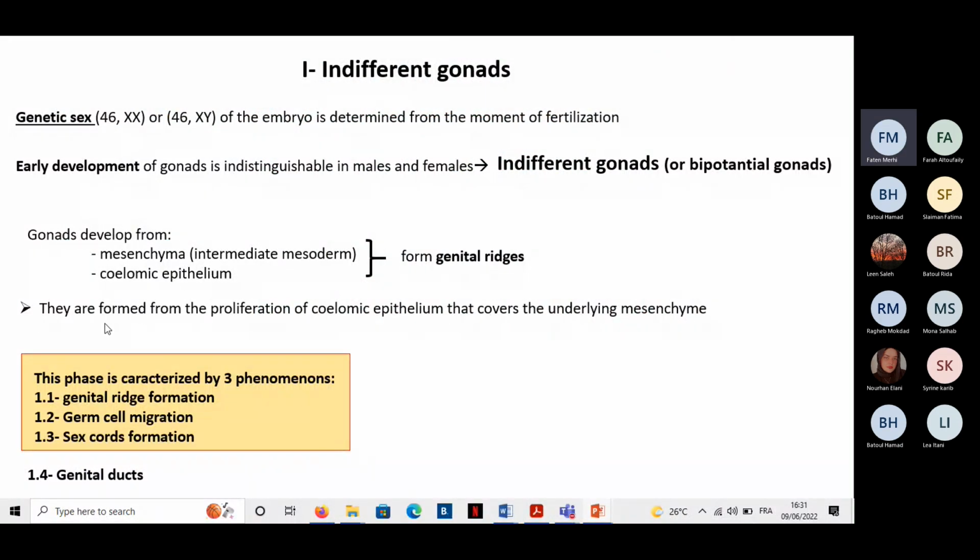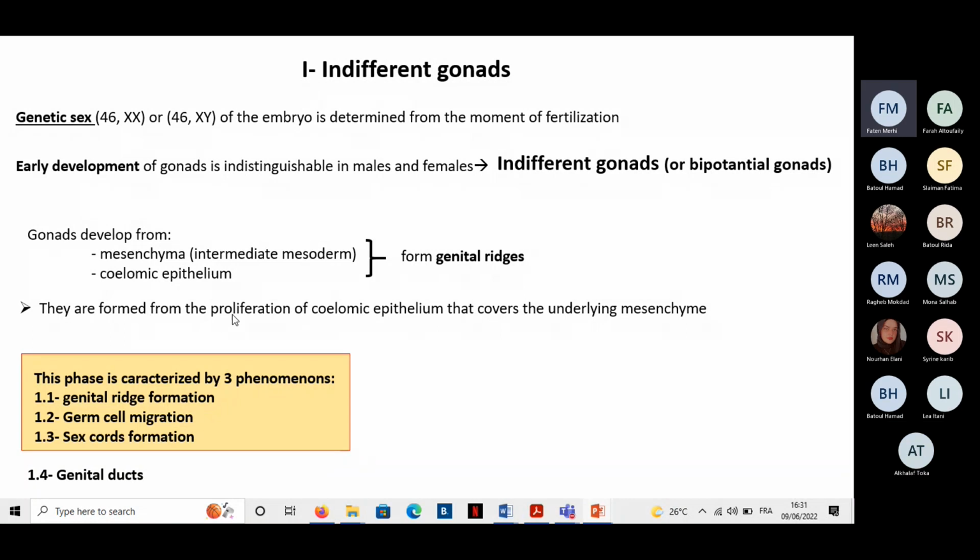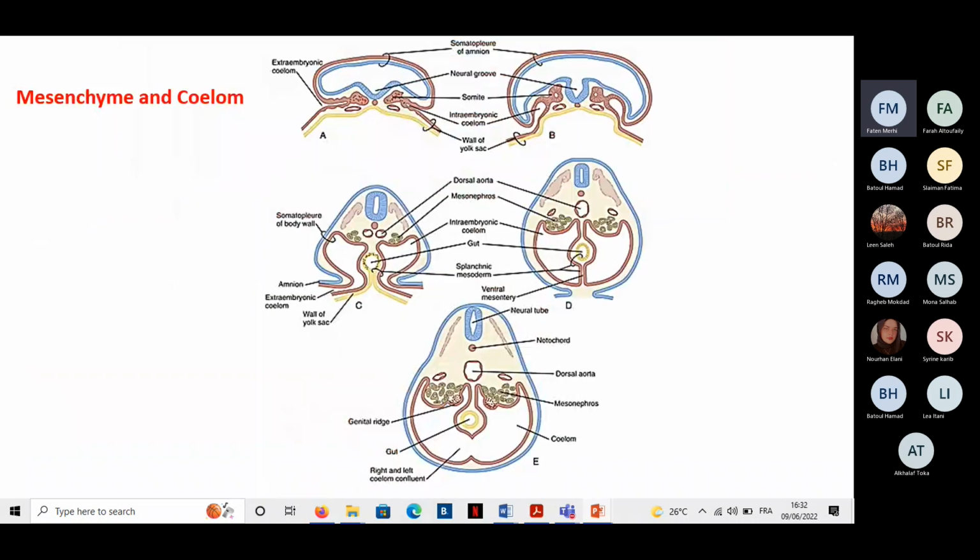So the gonads are formed from this. At this stage we call them the genital ridges. In this first stage of development, they are called genital ridges or indifferent gonads because they are the same in both sexes. Both are formed from mesenchyme and coelomic epithelium.